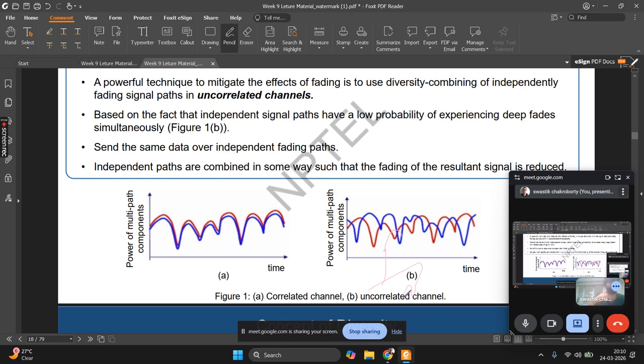This will lead to more accurate signal reproduction at the receiver. So basically, you are sending multiple signals and hoping that at least one of them will not experience heavy fading.